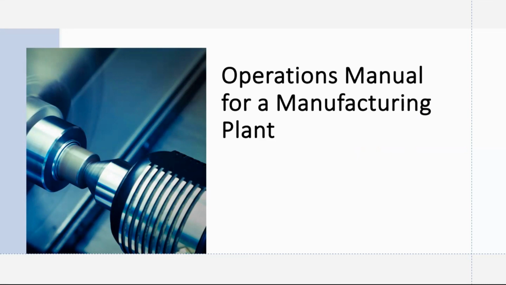An operation manual for a manufacturing plant provides detailed procedures and guidelines for operating the facility and its equipment safely and efficiently. It covers topics such as equipment operations, maintenance protocols, quality control processes, safety procedures, emergency responses, and workflow management.